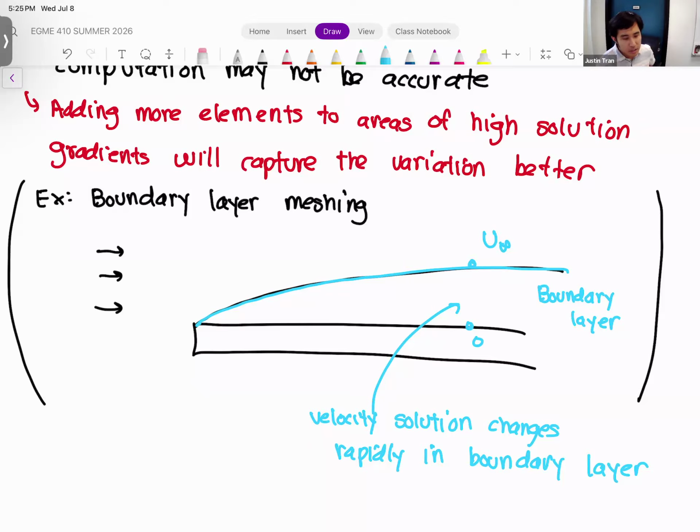This is pretty much universal. Whenever you have a fluid contacting a solid surface, a boundary layer is always going to form. Because it happens all the time, in computational fluid dynamics, whether you're using finite elements, finite volumes, or finite difference, you want a refined mesh in the region right next to a solid surface.